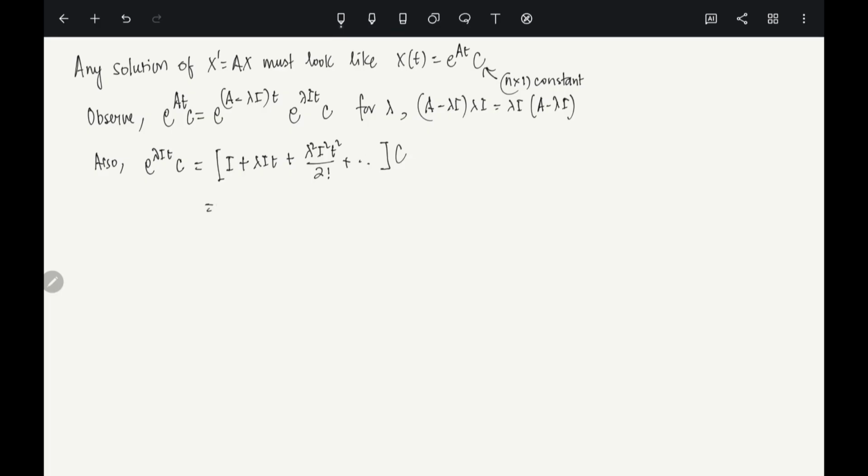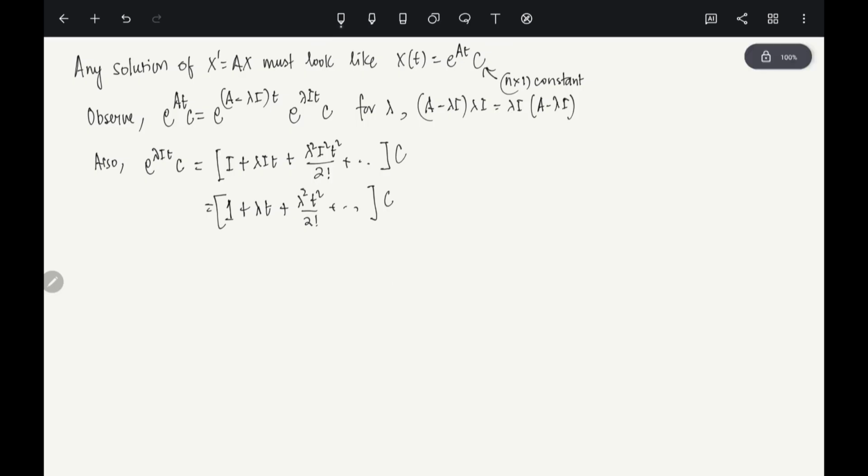If you write it properly, this is nothing but 1 plus lambda t plus lambda squared t squared by 2 factorial plus and so on, times C. Identity times C is C, so I am writing that matrix C as 1 times C.